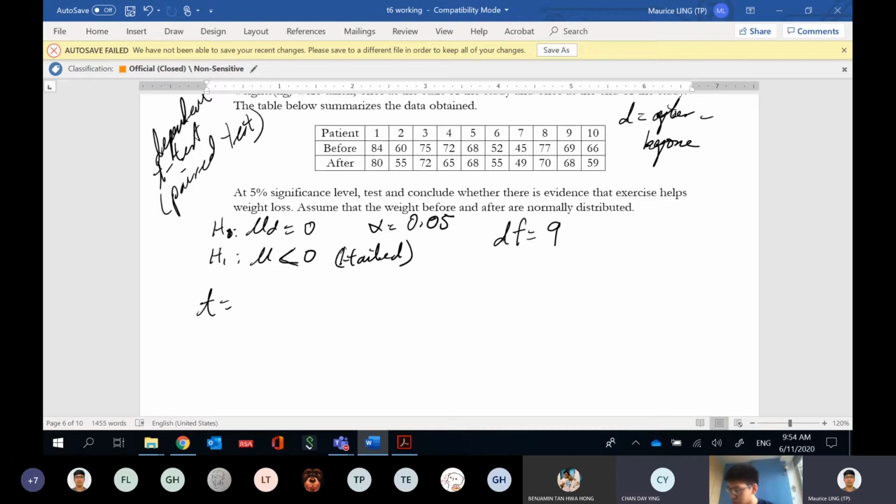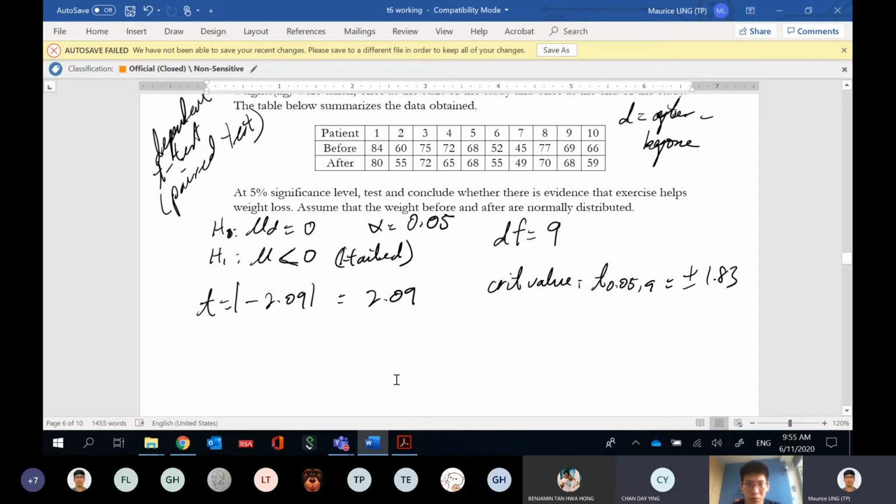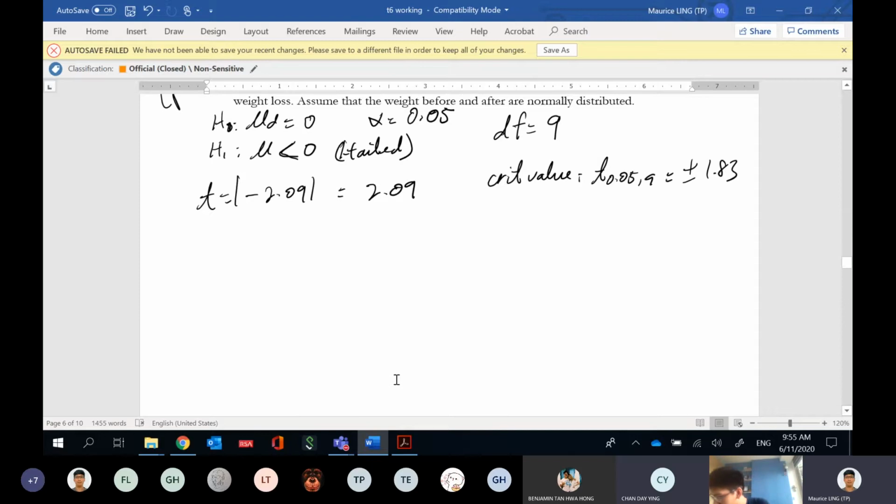Yep, negative 2.09. But normally we just change it to positive, so we get 2.09. How about the critical value? Plus minus 1.83. Okay, so it's actually plus minus 1.83. So in this case, do you accept or reject the null hypothesis?